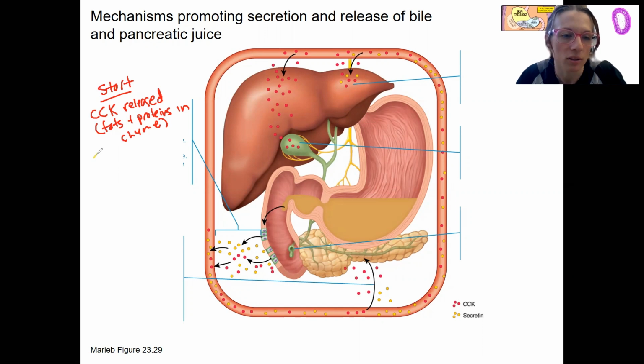That's in response to a low pH. Here are those endocrine cells, S and I cells, that release those hormones. They're hormones going into the bloodstream. That's what hormones do.